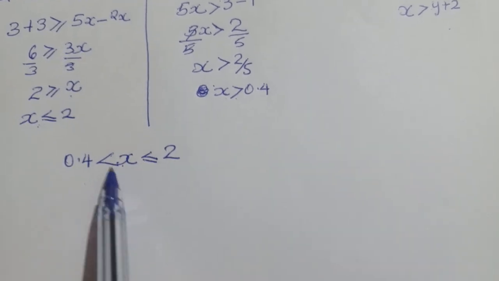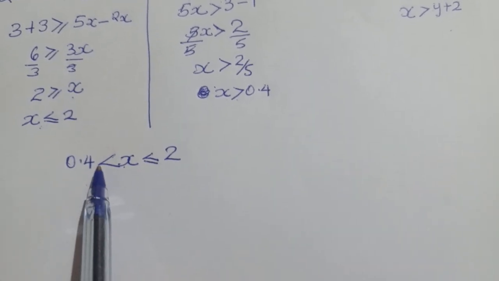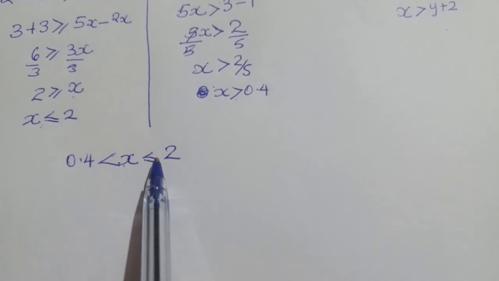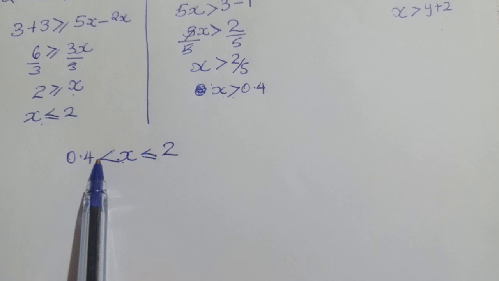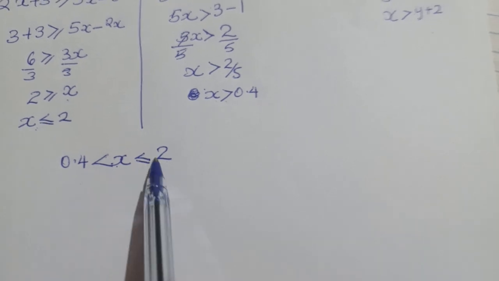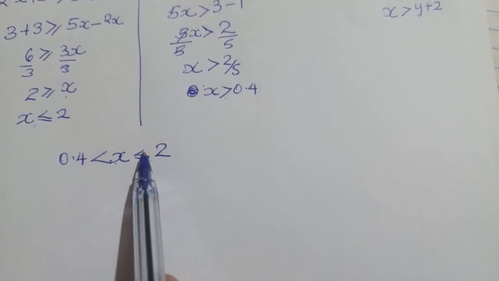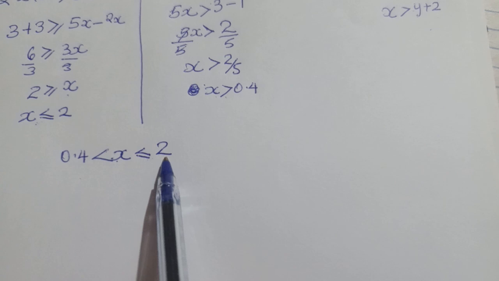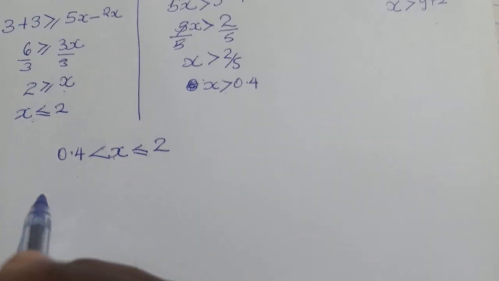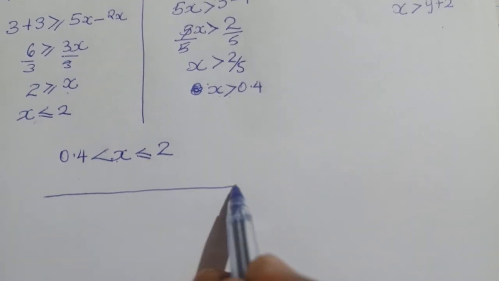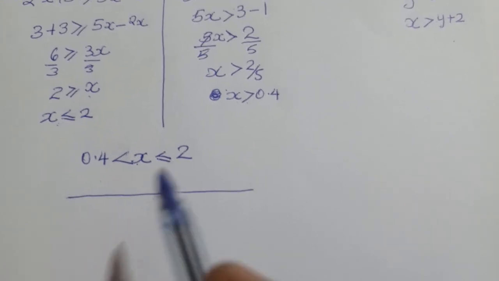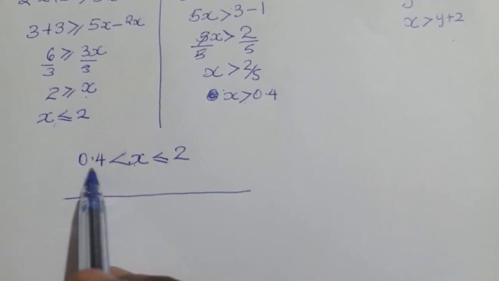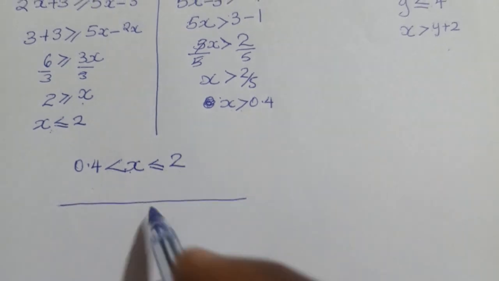But take note that here we have a strict inequality, and here we have what we would call a conditional inequality. In other words, this one, x is strictly greater than 0.4, but here x is less than or equal to 2. It is advisable for visualization, in order to come up with the integers, to draw a number line, represent this solution on a number line.